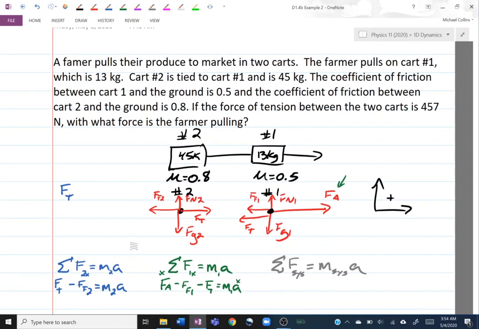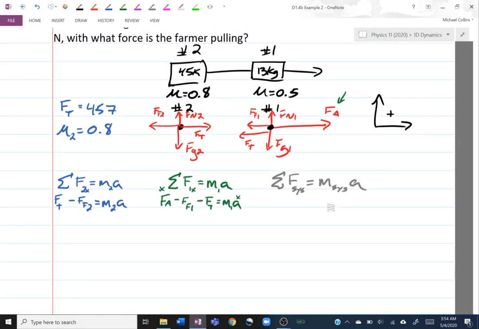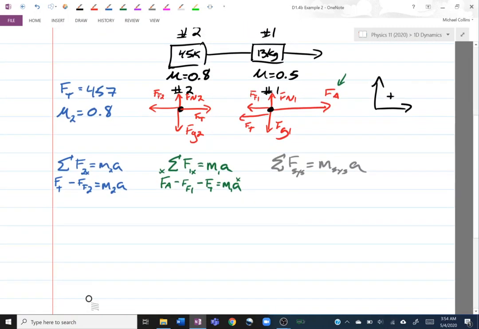Ft is equal to 457 newtons, and my mu2 is equal to 0.8. So I know what Ft is. I don't know what my force of friction on 2 is, but I think I might be able to calculate it. I know what m2 is, and I don't know what my acceleration is.